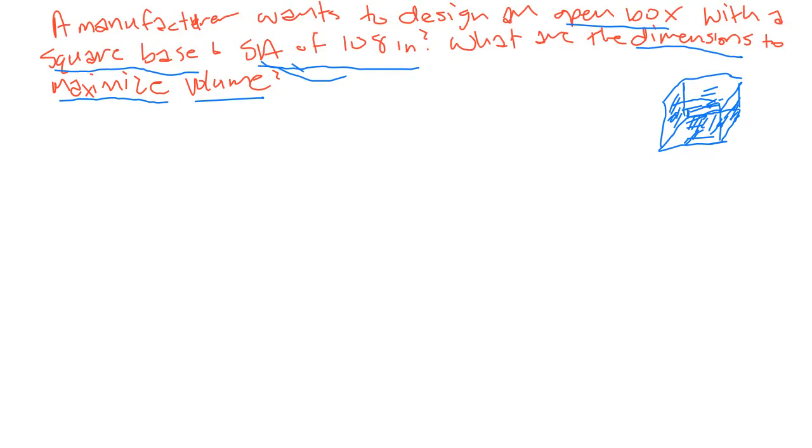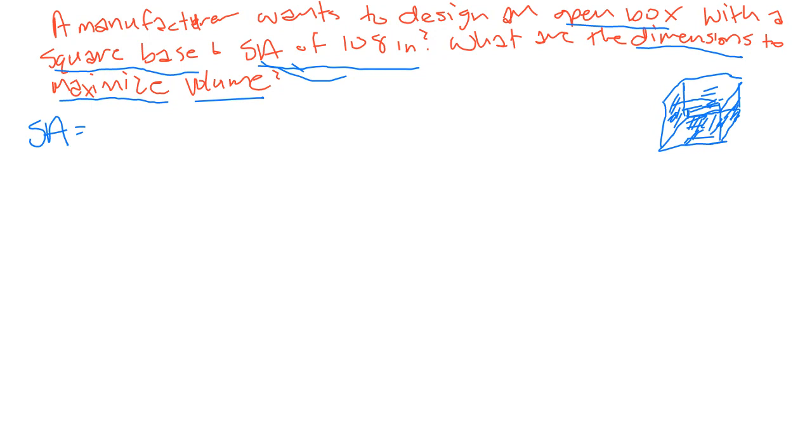Now we're going to move on to step 3, which is going to be introducing our notation. So let's move this into math language. First thing we can see is that we have a surface area, so we need to look at the formula for surface area.